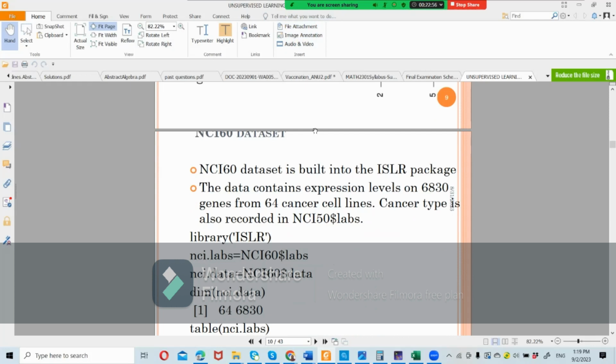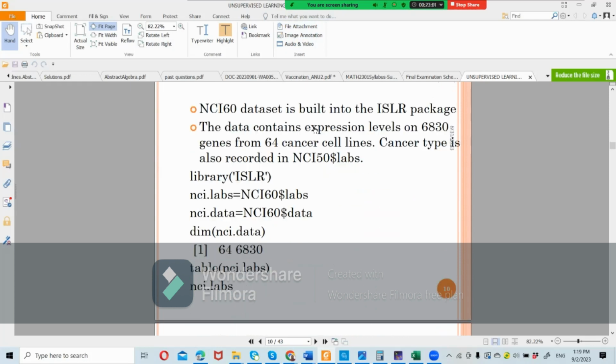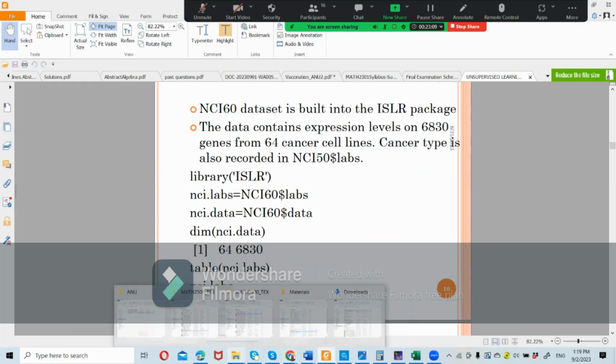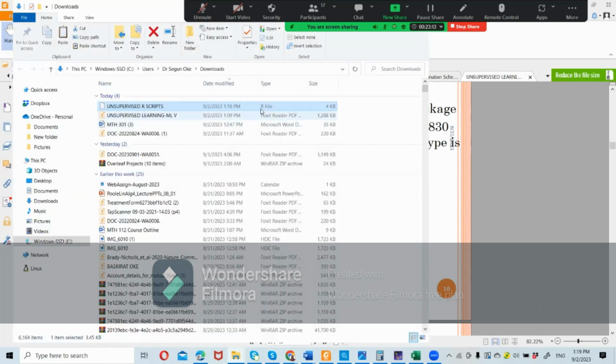Now, in the lab session, we are going to be considering a particular data set obtained from the library ISLR.